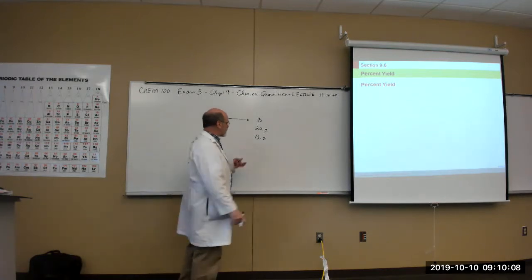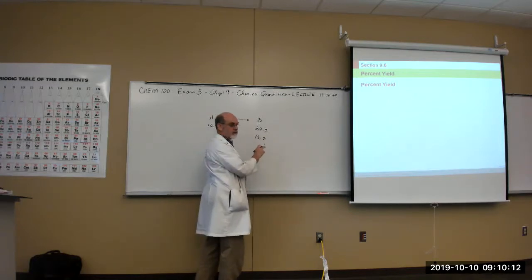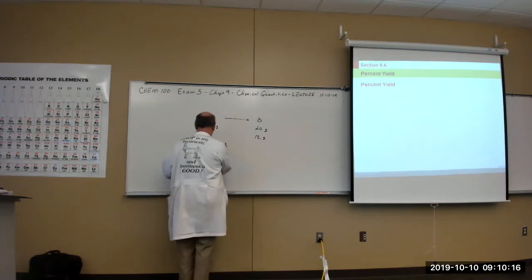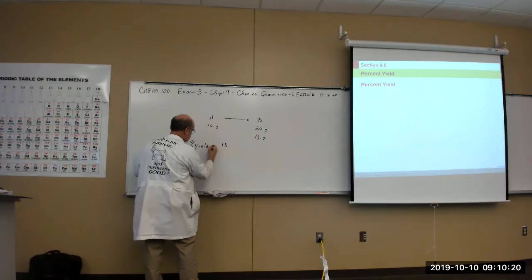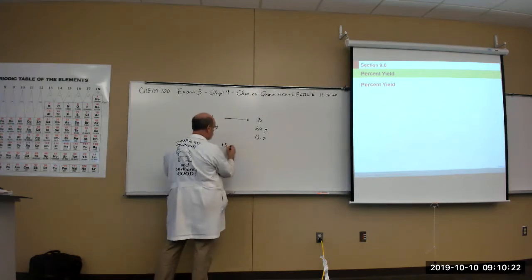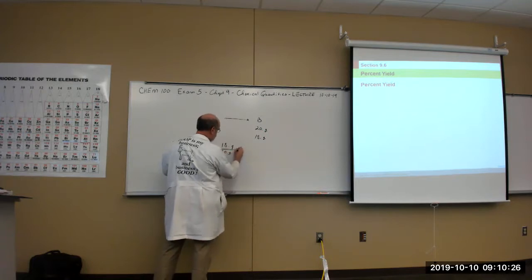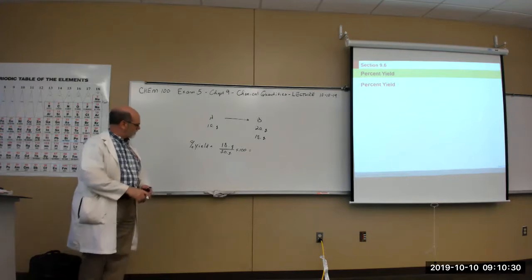Then your percent yield is just the ratio of this one to that one times 100. You expected that amount. Percent yield is the actual divided by the expected times 100.